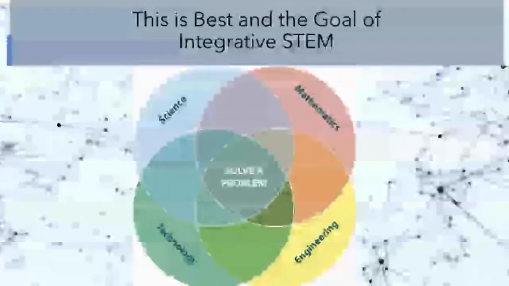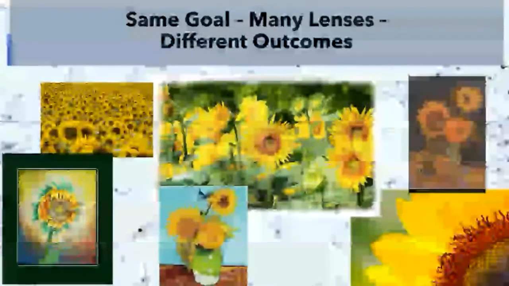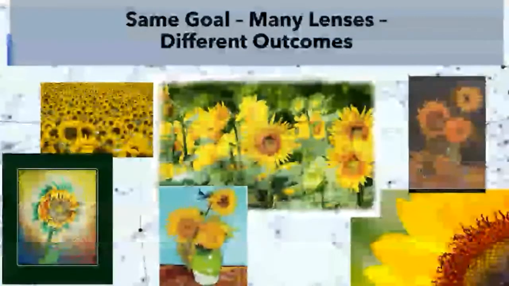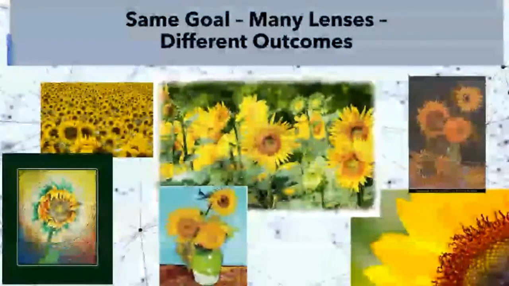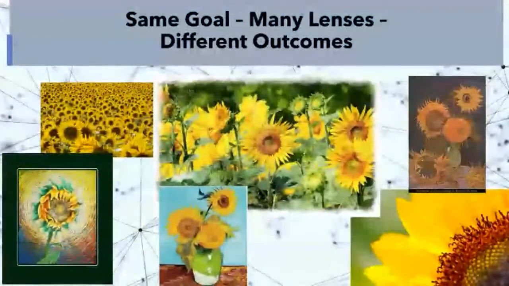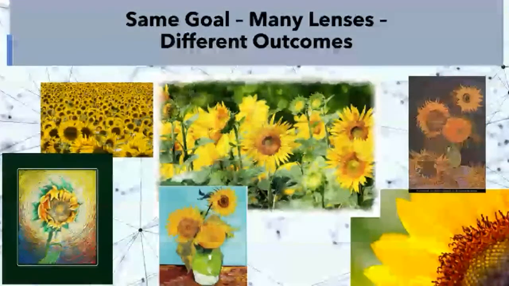So as we consider some of these overlaps and these diagrams, we have to consider that we may all have the same goal, but we may have many different lenses through which we look at that. And that means there are different outcomes. There's not one answer. So I threw up this illustration of a bunch of sunflowers because if I said, give me a picture of a sunflower, different kids, different adults, different teachers might all come up with a different expectation of a sunflower or the outcome.